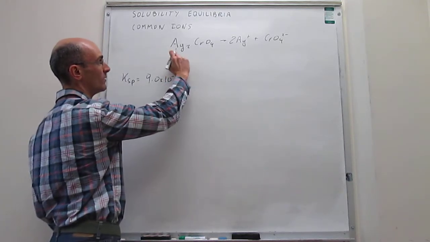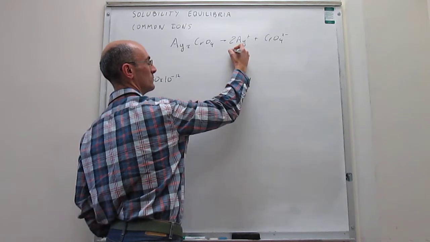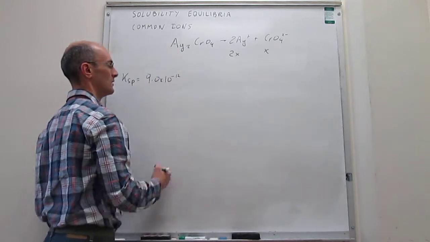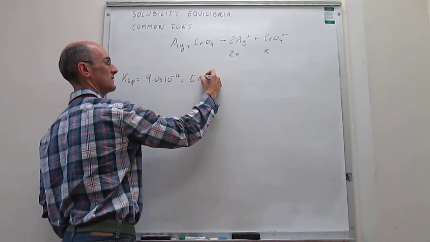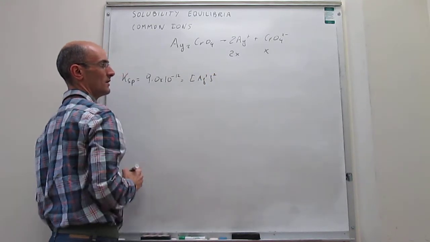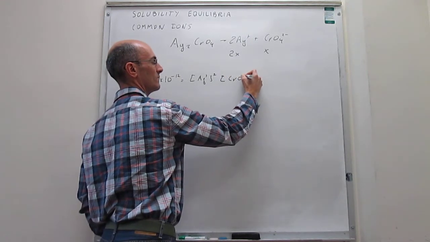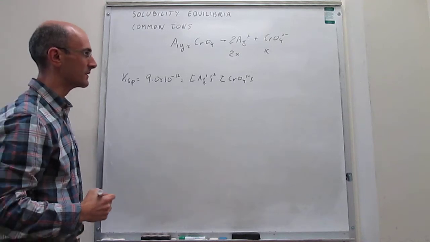For every mole of silver chromate that dissociates, notice that you get 2 moles of silver ions and 1 mole of chromate. Of course, because the solubility product is the product of those two things, multiplied by the powers of the stoichiometric coefficients, you end up with an algebraic expression that depends on the solubility.